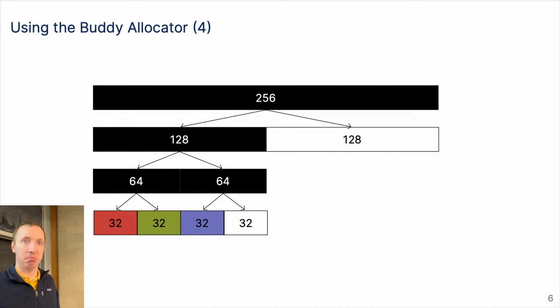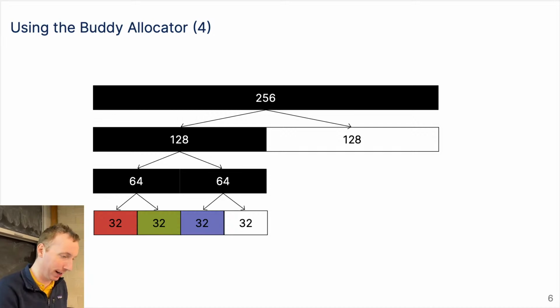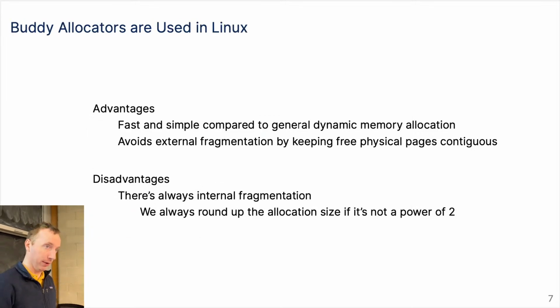Pretty good. And actually a fairly good algorithm to use for memory allocation. It just restricts it by powers of 2, and it's a lot easier to implement. So it's actually used. It's fast and simple compared to general dynamic memory allocation.